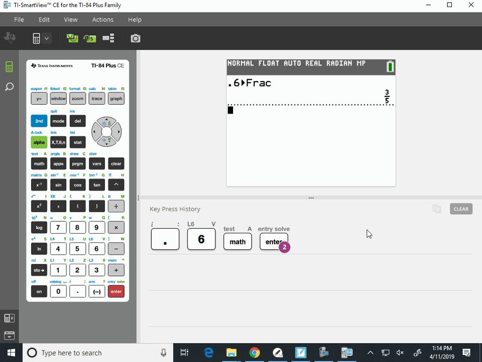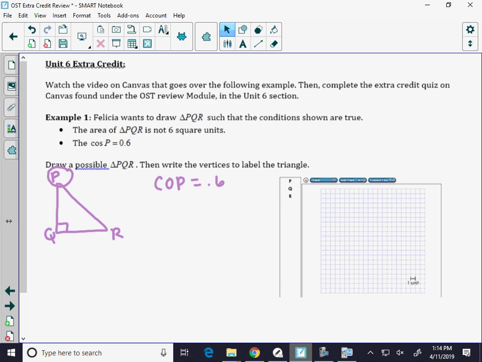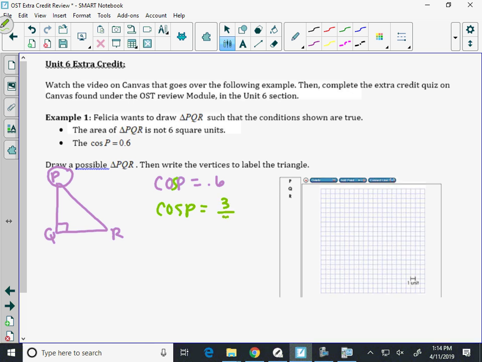So really what this is saying is that the cosine of P is 3/5. If you remember, we're talking about cosine, so you want to write SOHCAHTOA, and we want to label our sides. Since it's the cosine of P, that's where I'm starting from.